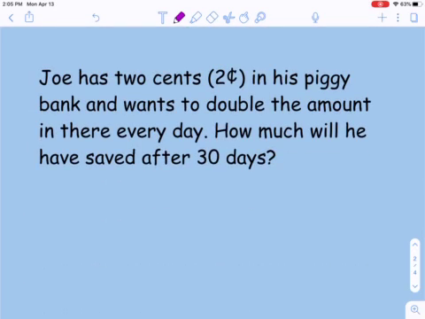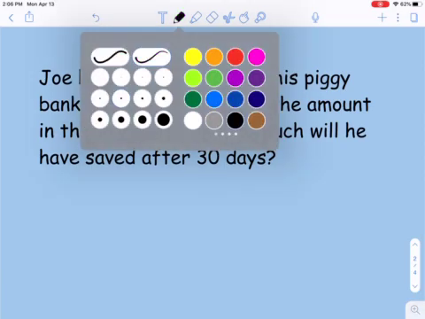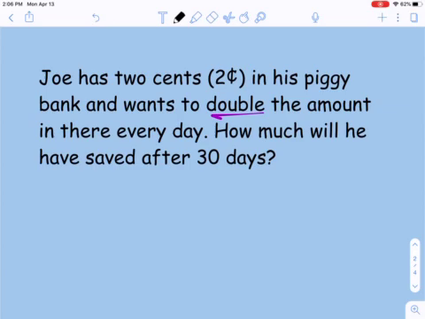All right, so Joe has 2 cents in his piggy bank and wants to double the amount in there every day. How much will he have saved after 30 days? So if we look at this, we'll say day, and then we'll say amount. On day 1, he's got 2 cents.